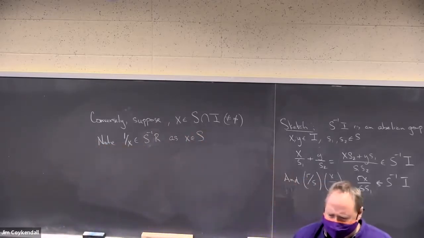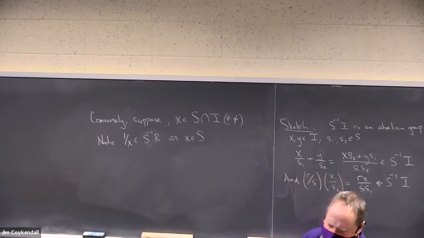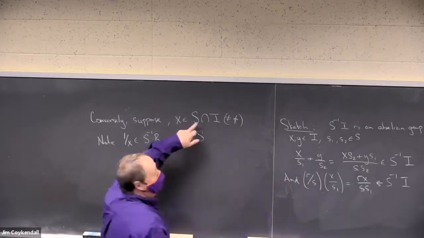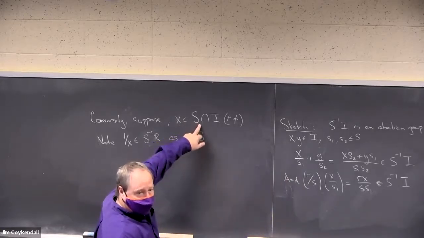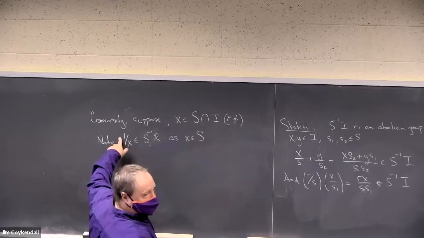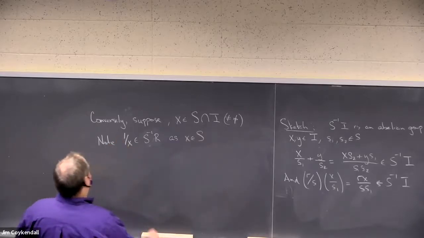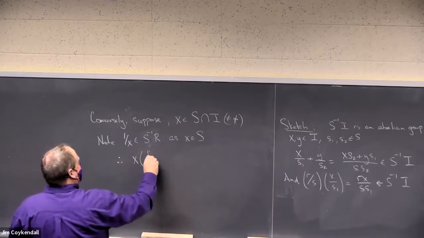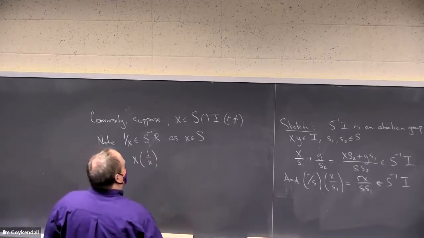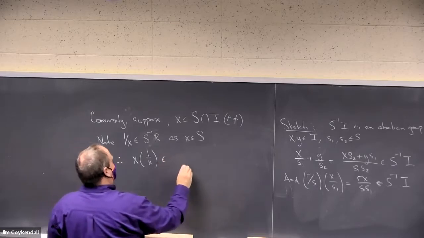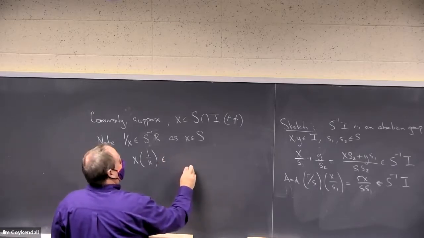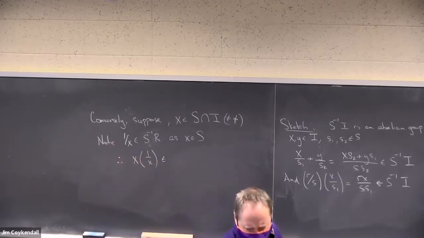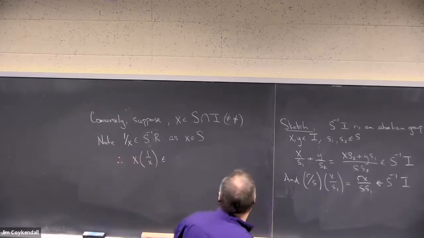Notice that 1 over x is an element of S inverse R because x is assumed to be in S, so it is an acceptable denominator. And of course, 1 is an element of the ring. Therefore, x times 1 over x is equal to 1.